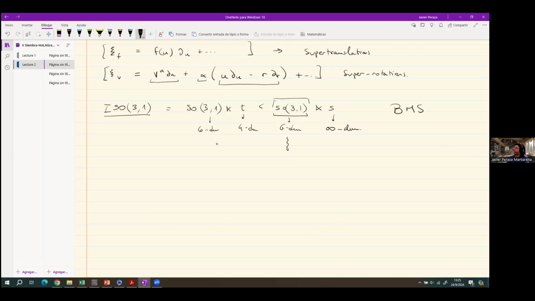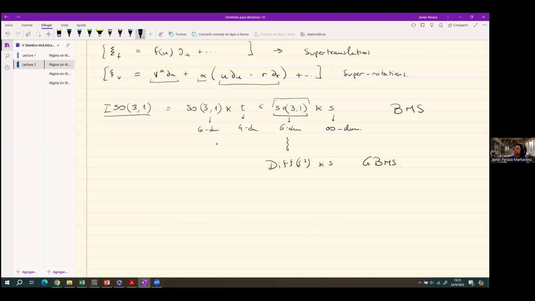The extension, GBMS, will be, instead of taking any conformal Killing field, we are going to take all the diffeomorphisms on the sphere times the abelian subgroup of super translations.